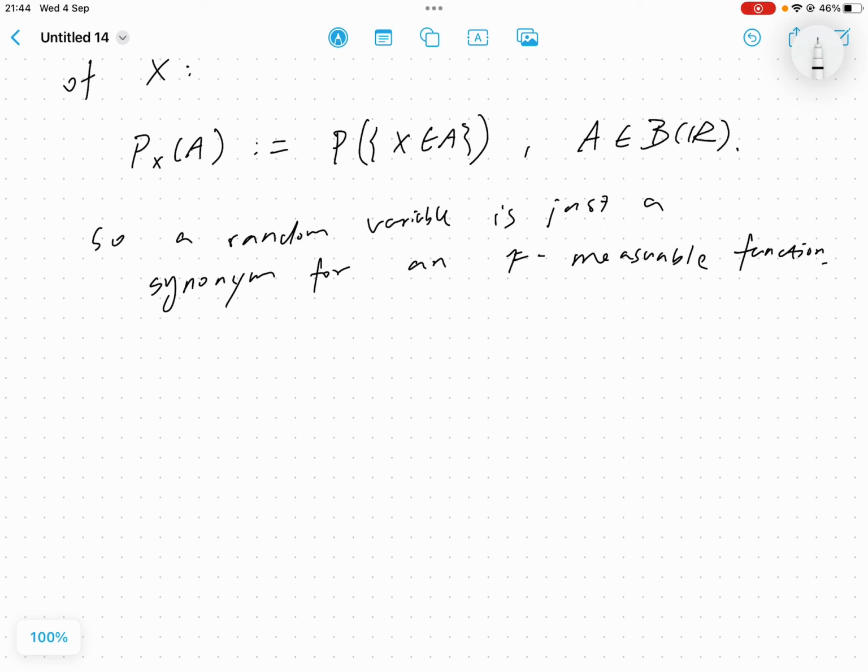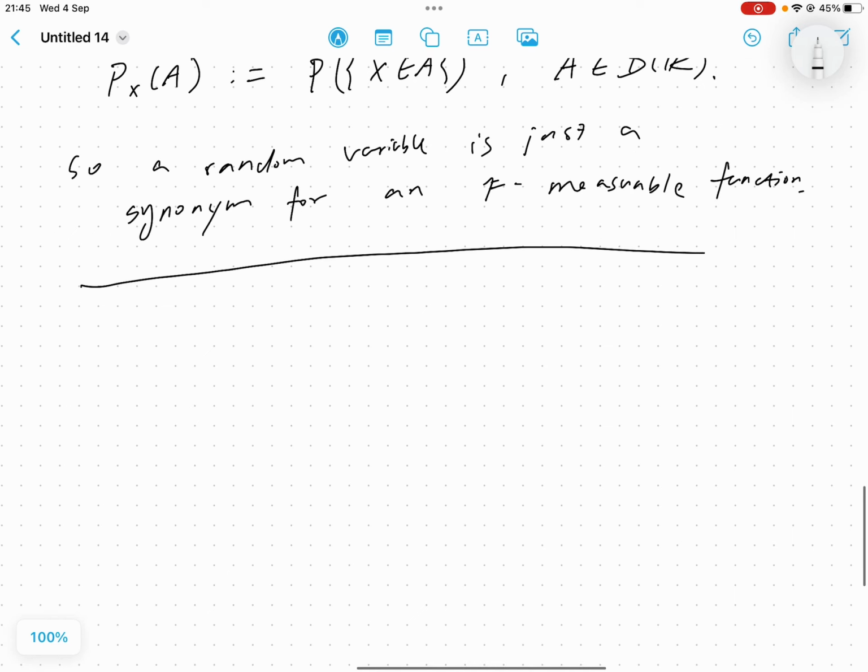And sometimes this sigma algebra is not the most efficient one, right? So we can define another notation to make it more efficient for the sigma algebra. Let's say capital Y is a map from omega to the reals, a random variable.